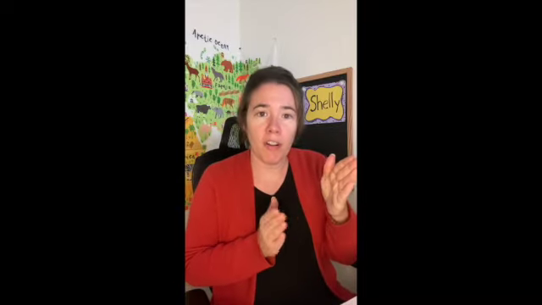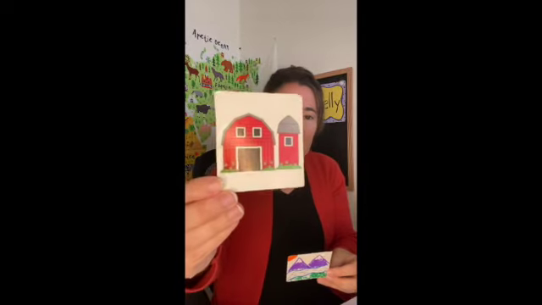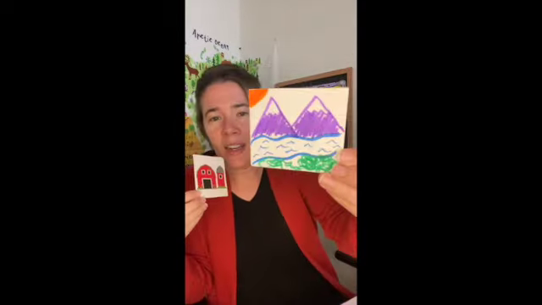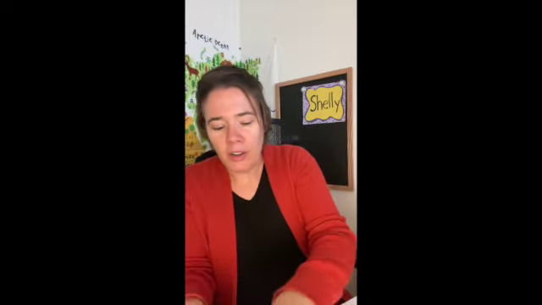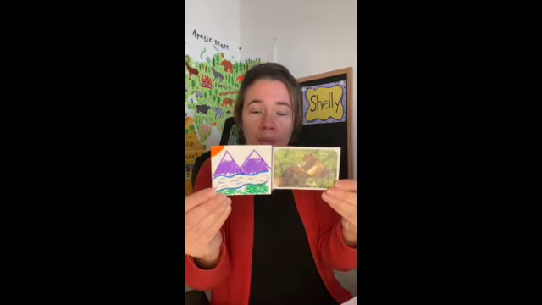Then they'll start to sort whether the animal is a farm animal or an animal that lives in the wild. So I have a sticker that was a farm, and then I drew a picture of the wild, my version of the wild. So they will learn sentences like, a lion lives in the wild.